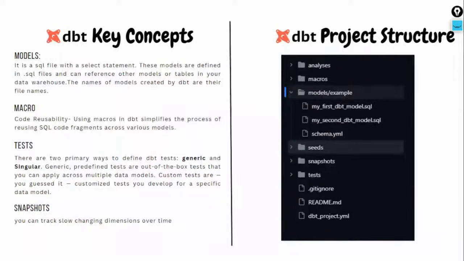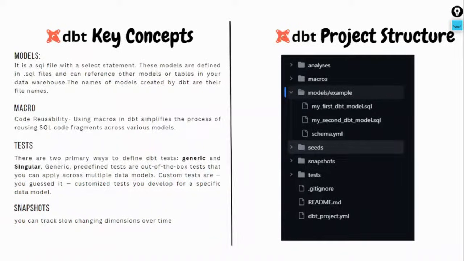Then the next concept is tests. Tests in dbt are basically to verify the data quality of your models. There are two types of tests available in dbt, generic and singular. Generic also breaks down into four tests, and singular is more customized. We will look into them in detail in the next few minutes.